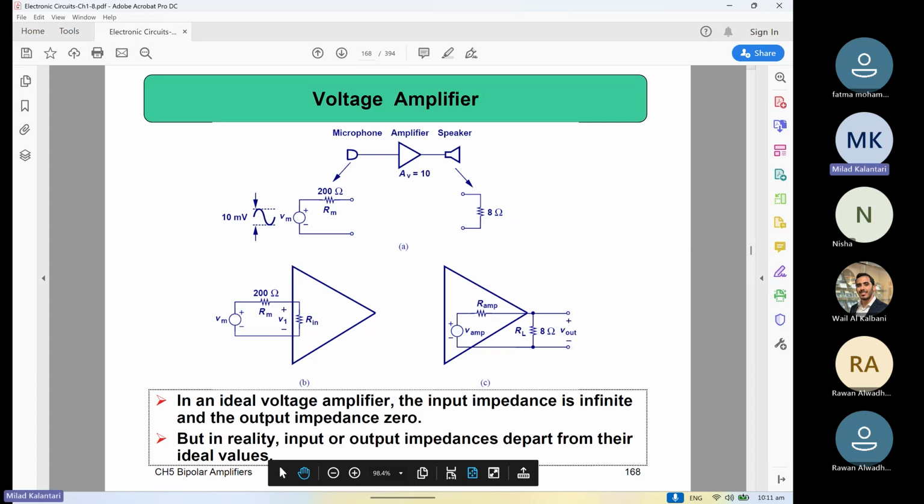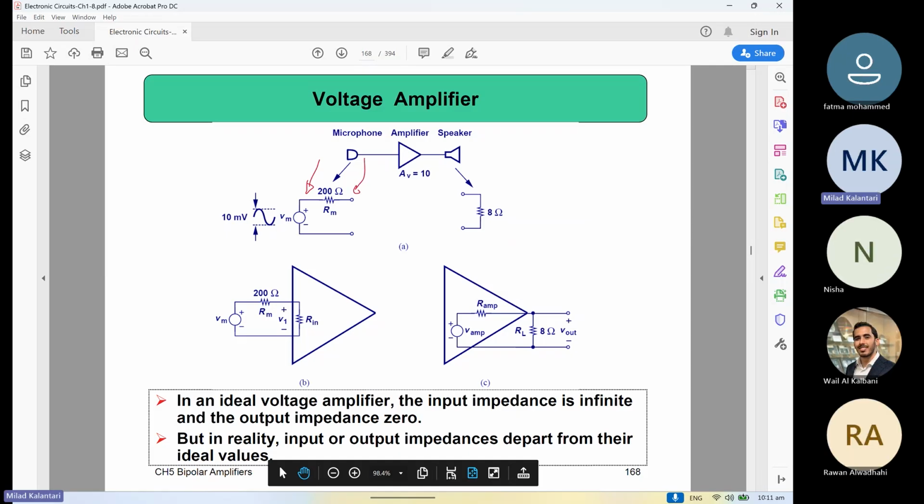We said that the microphone is similar to a voltage source that converts the audio waves into some electric signal, right? And the microphone may also have some output resistance.